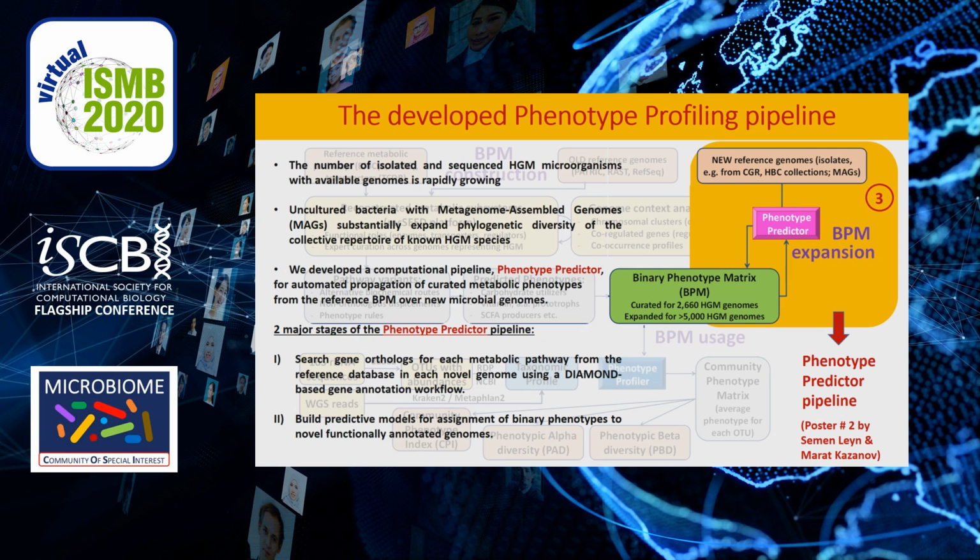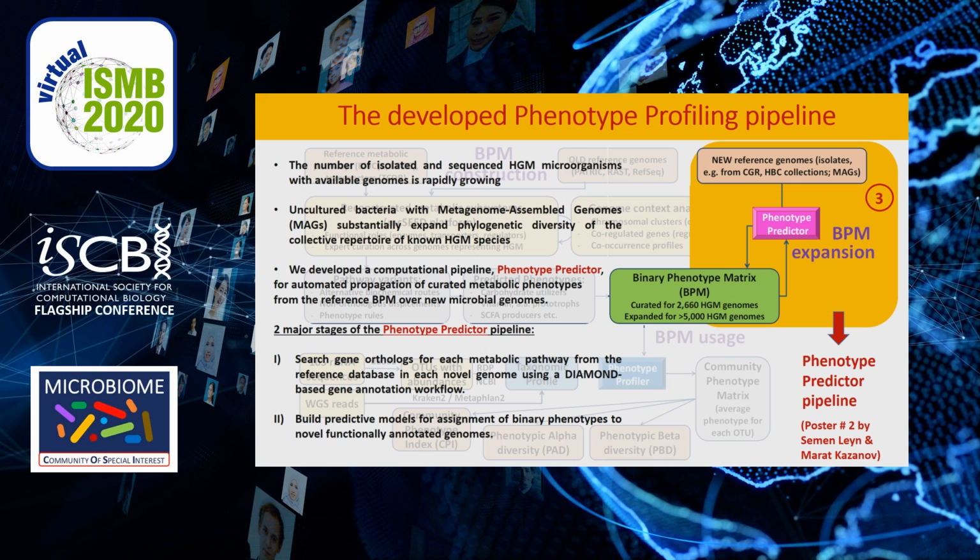Since the number of isolated sequenced human gut microorganisms with available genomes is rapidly growing, and also uncultured bacteria with metagenome assembled genomes, MAGs, substantially expand the genetic diversity of these species, we developed a computational pipeline, Phenotype Predictor, for automated propagation of curated metabolic phenotypes from the reference BPM over the new microbial genomes.